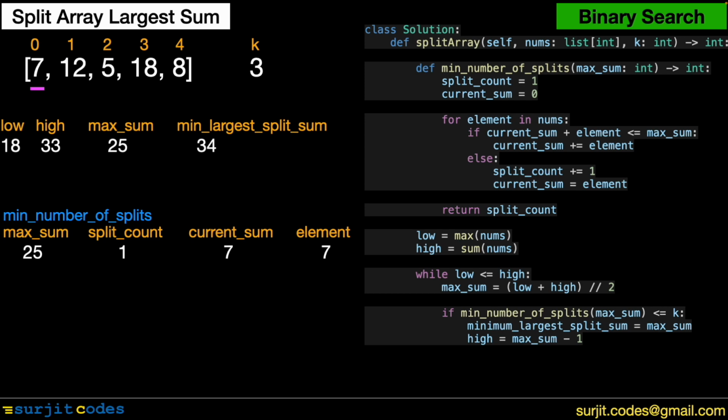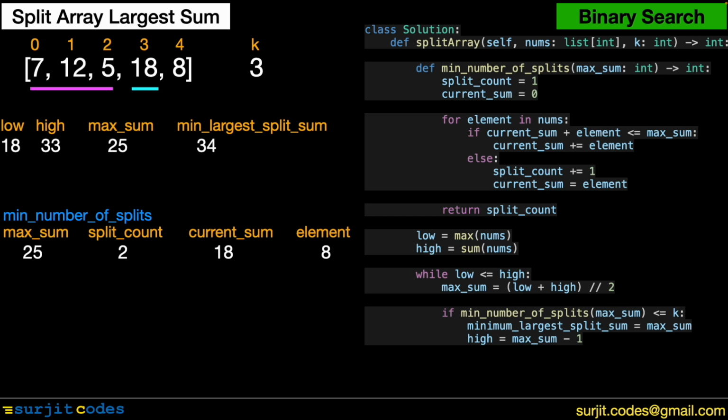First element is 7, which we add to current sum. In the next iteration, we add 12 to current sum. We add 5 also to current sum. At 18, the sum exceeds 25, so we split here by increasing split count by 1 and reinitialize current sum with 18.